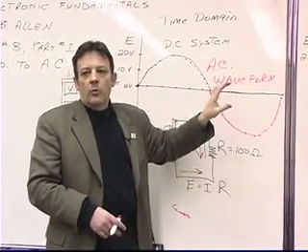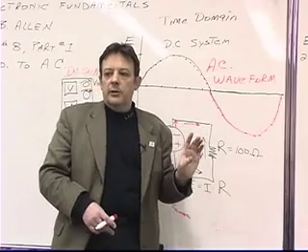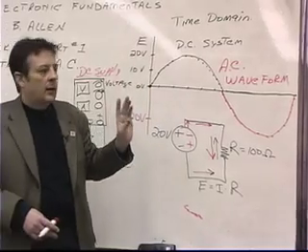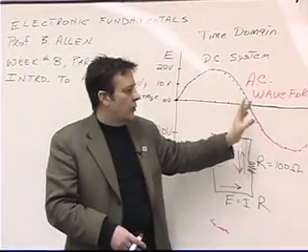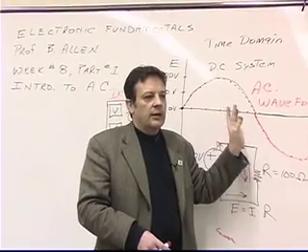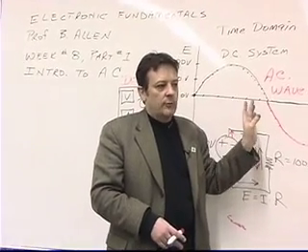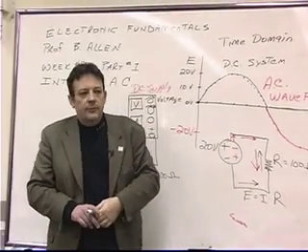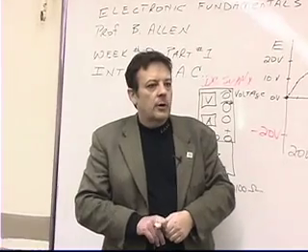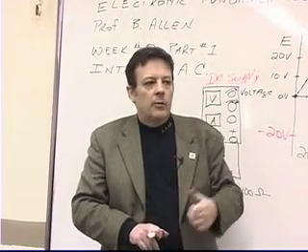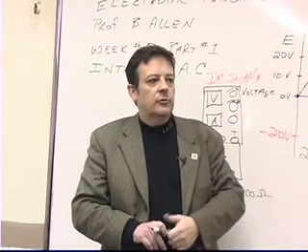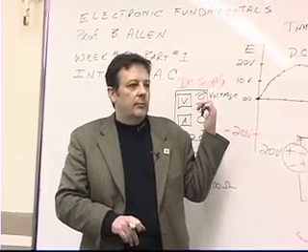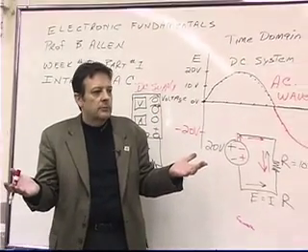Okay, so let me stop here for a second, because from here we're going to go on and define some of the important parameters or values that you're going to need to know about AC waveforms. And before we do that, I want to see if there are any questions or comments or observations about what I just described right here. Does everybody see that we could do this if we wanted to?